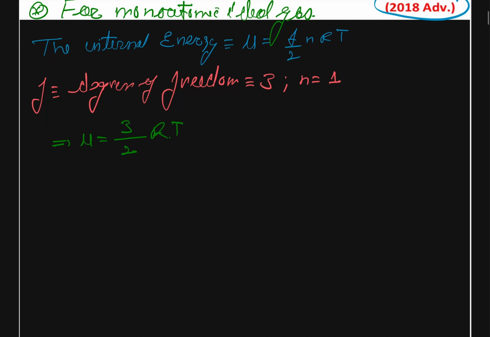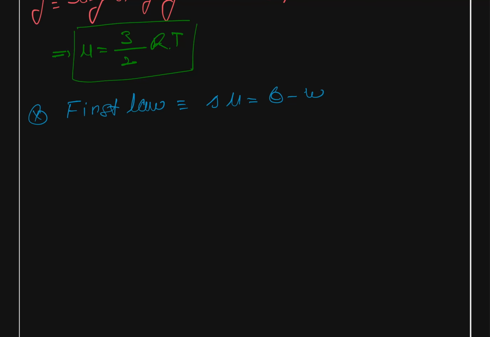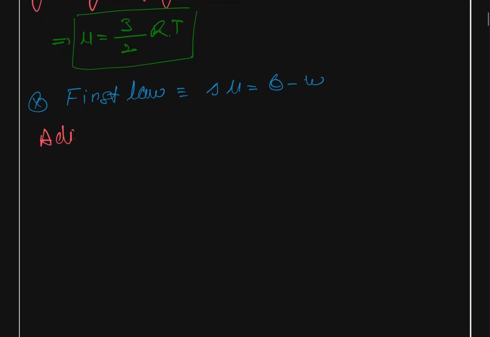The process is said to be adiabatic, so the first law of thermodynamics gives us delta U equal to Q minus W. For this adiabatic process the value of Q is equal to 0.